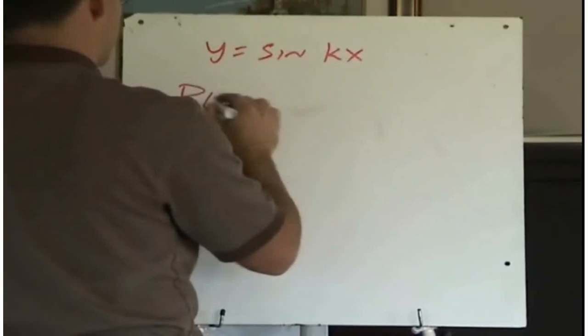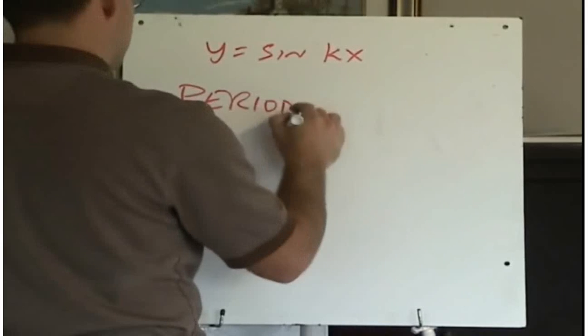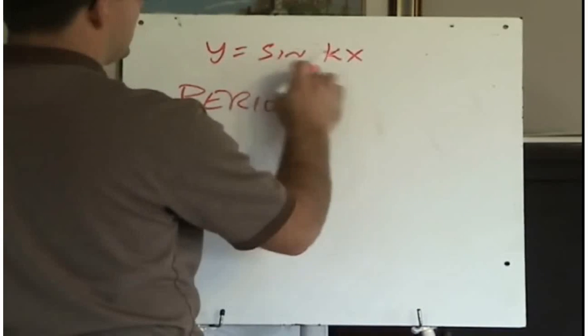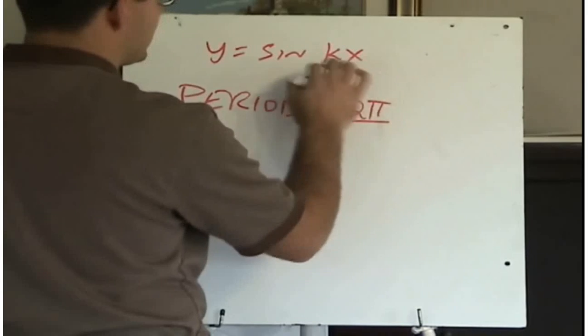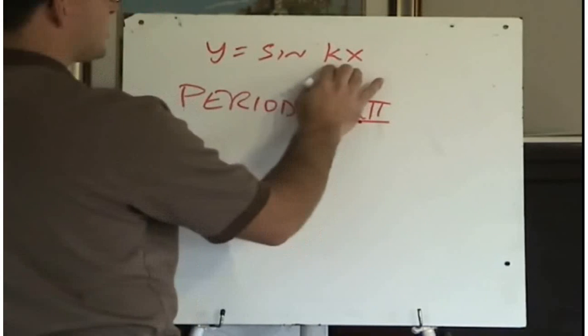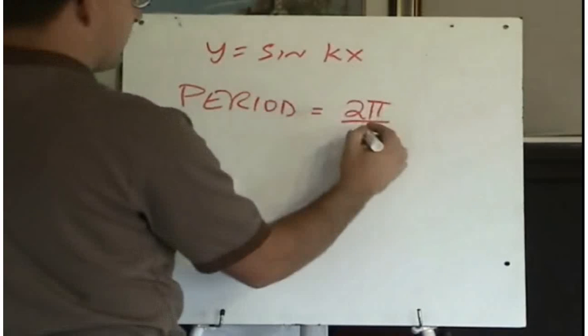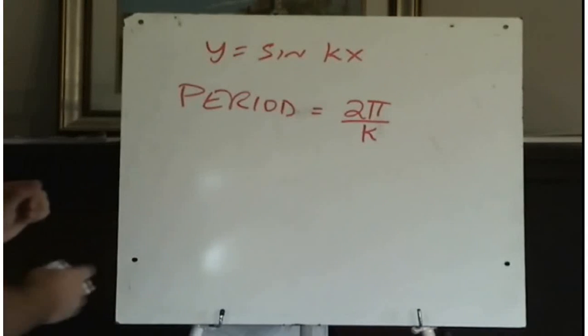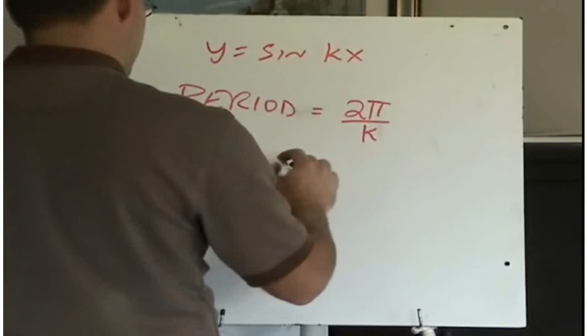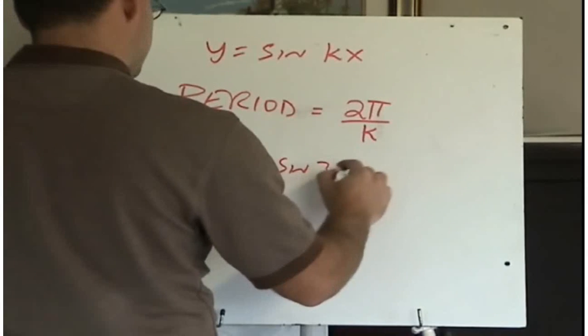The period of a function will be equal to 2 pi, because that's normally the period of this sine function, 2 pi divided by the coefficient of x. So what would be the period of y equals sine 3x?